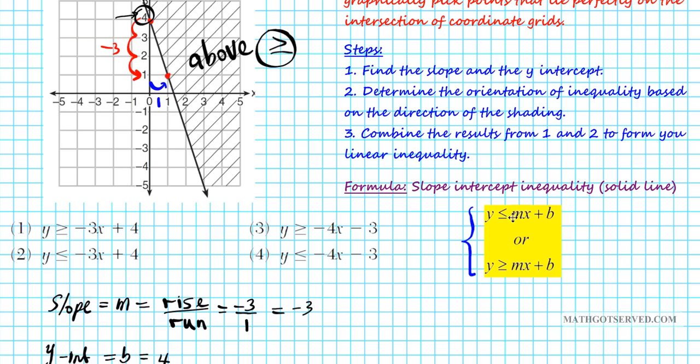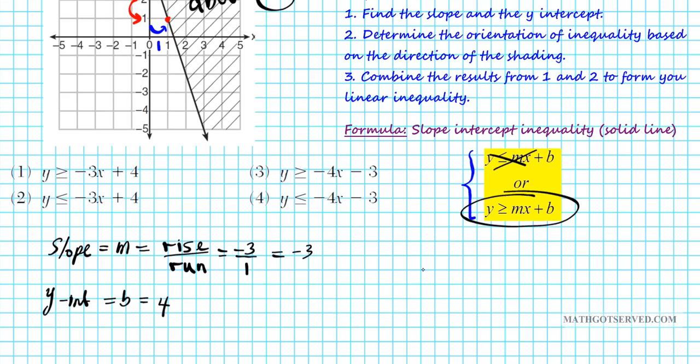So we have 2 choices here. The one that we are going to use is this one right here. So cancel that. This is what we're using, greater than or equal to, because the shading is above the line. All right. So we have y is greater than or equal to mx plus b. M is -3, b is 4.